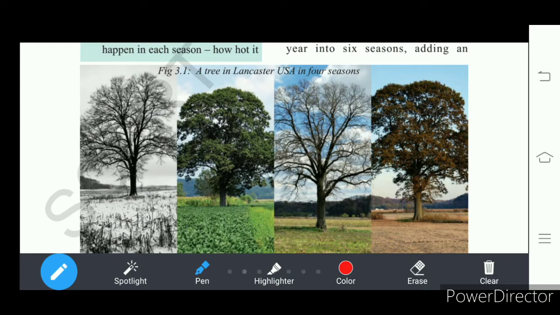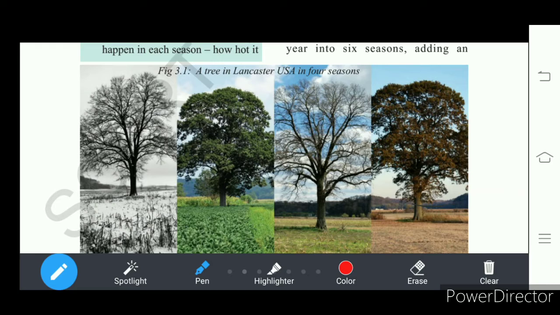And in the third, leaves are coming to the tree, sprouting of leaves. And in the last, you see the leaves are shed into the red color or yellowish color.